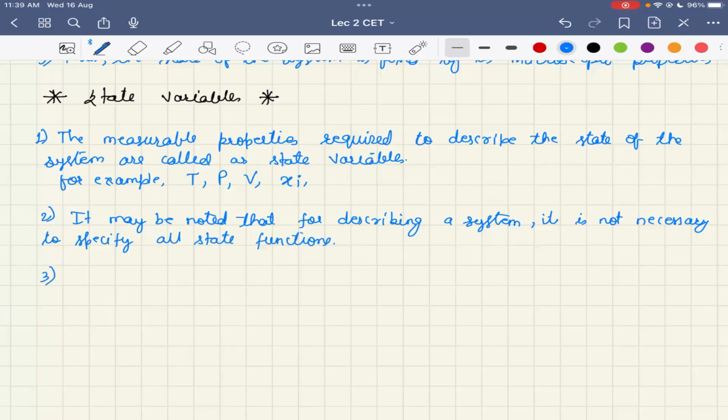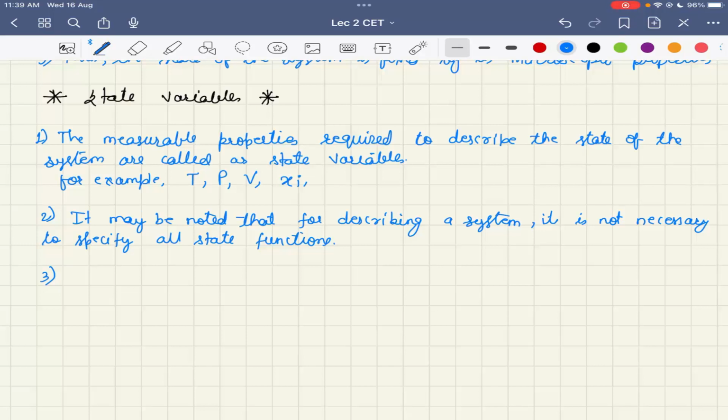For a system, a certain minimum number of variables is sufficient to define its state, because the other variables become automatically fixed and have definite values. For example, consider a system of an ideal gas. The state of the system may be defined by only 3 variables, such as temperature, pressure and volume. The values of all other variables, such as amount of gas, density, etc., will be definite and can be easily calculated, right? Let us write this down.